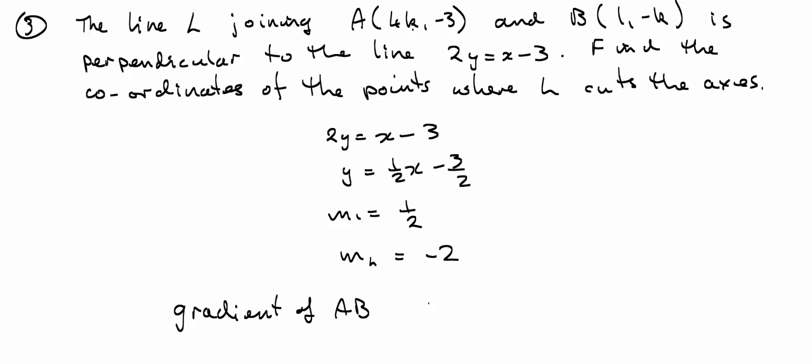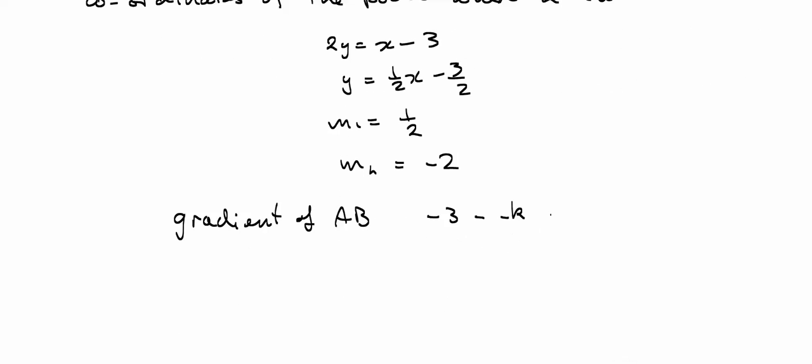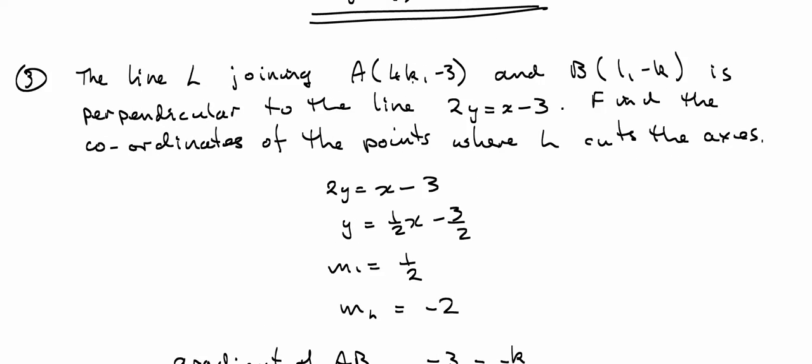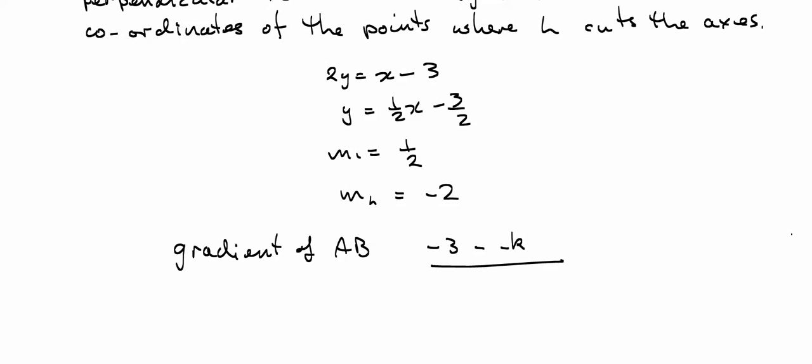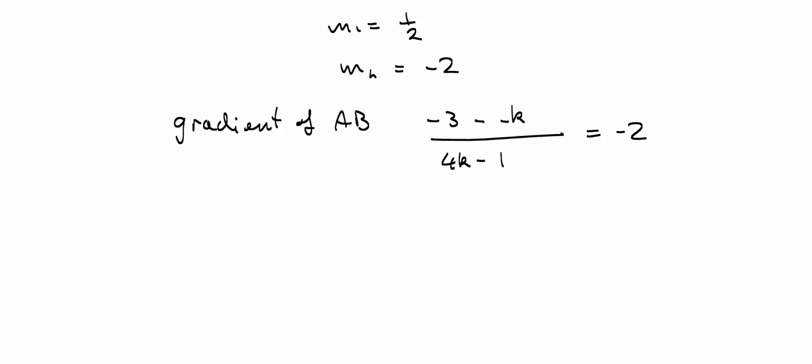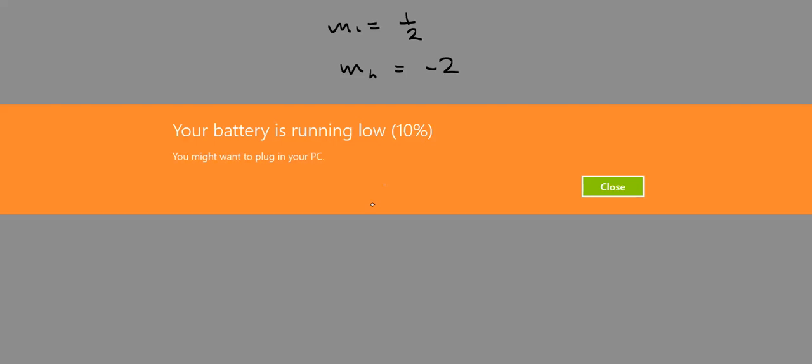So that would be minus 3 minus k divided by the difference of the x coordinates, which are 4k minus 1. And that is equal to minus 2, ml.